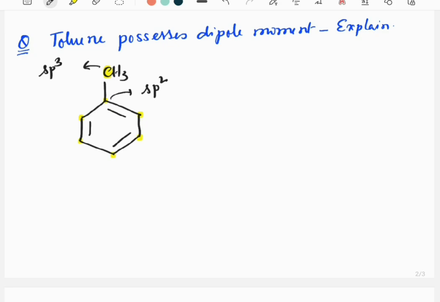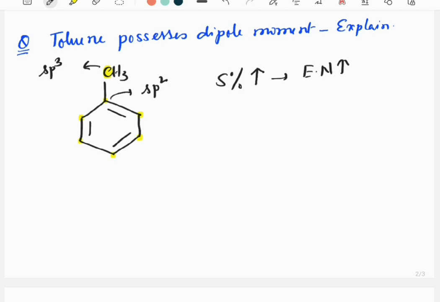Now we know that if the hybridization state of a carbon is different, then the electronegativity will also be different. We know that the higher the percentage of s character, the more the electronegativity.